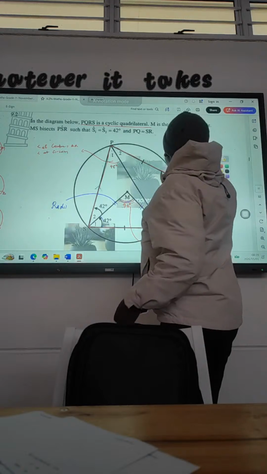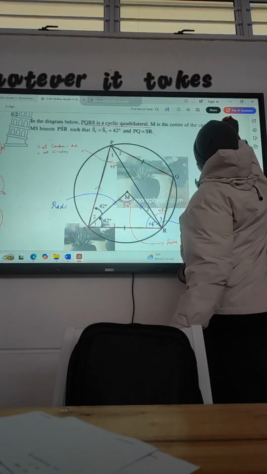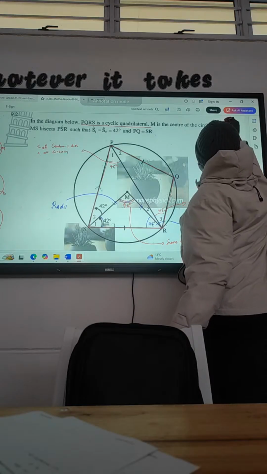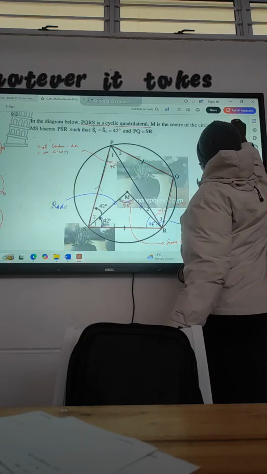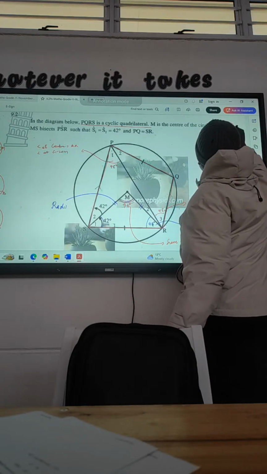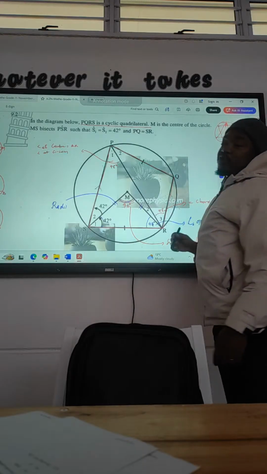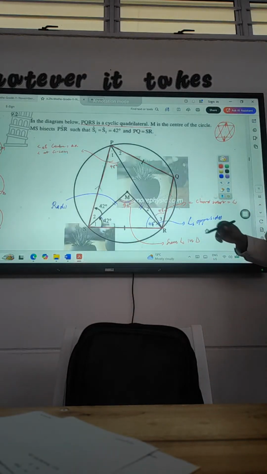I think I made an example of if you have a star like this. If this is equal to this, then you can conclude that this angle is equal to that angle. So this is happening.